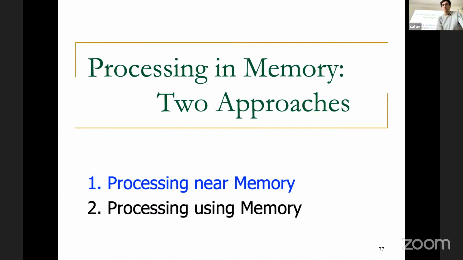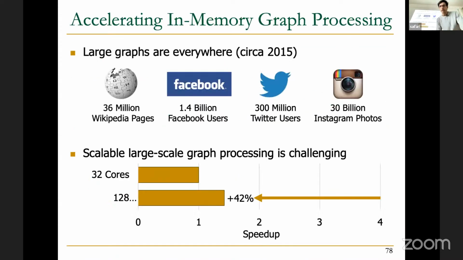Okay, so let's start with processing near memory, and there is nothing better than giving a good motivation example to motivate processing in memory and some approaches to processing near memory. We are going to start talking about graph processing.